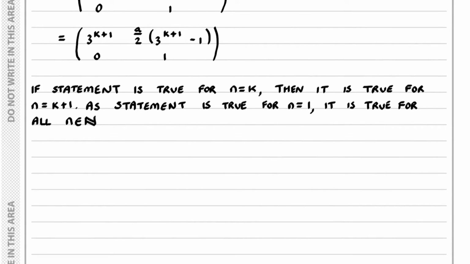So, for part B of the question, we have the matrix m to the n, which is our transformation matrix. So we have 3 to the n, 0, a over 2 multiplied by 3 to the n minus 1, 1.